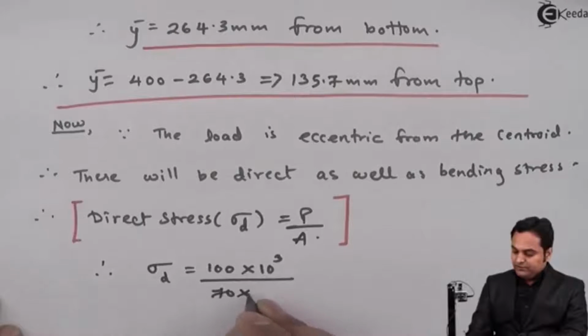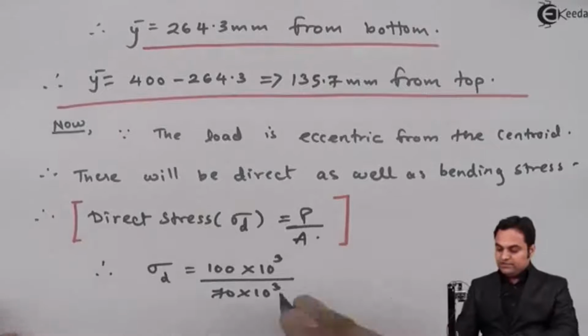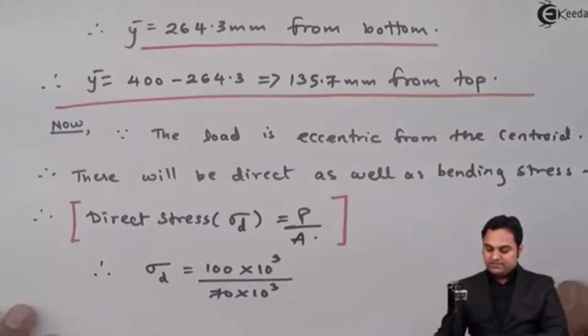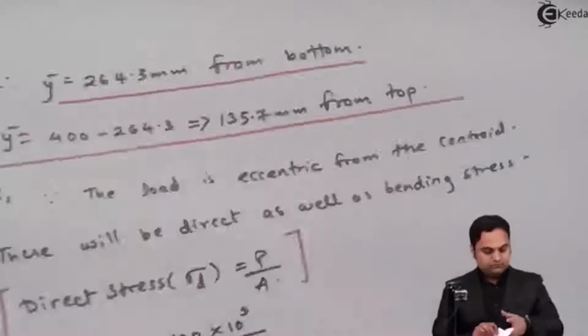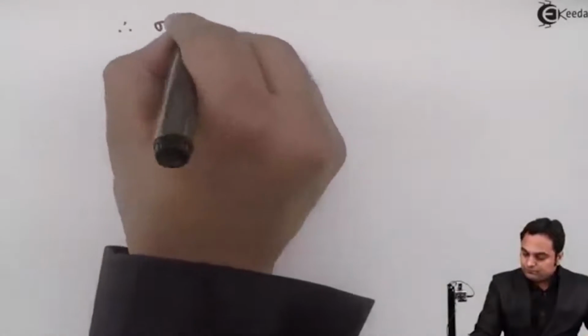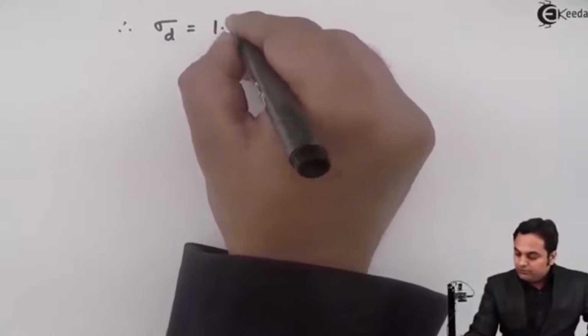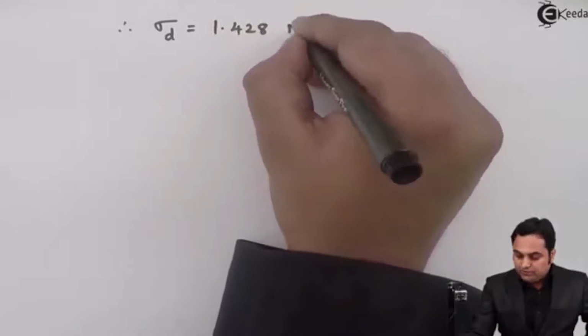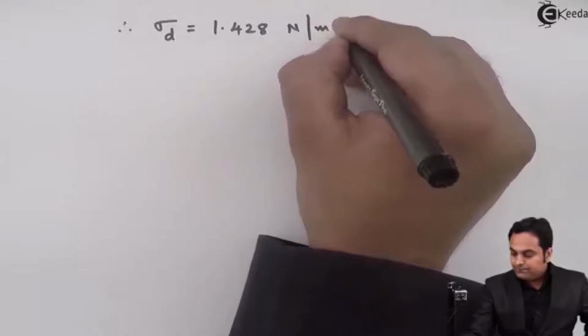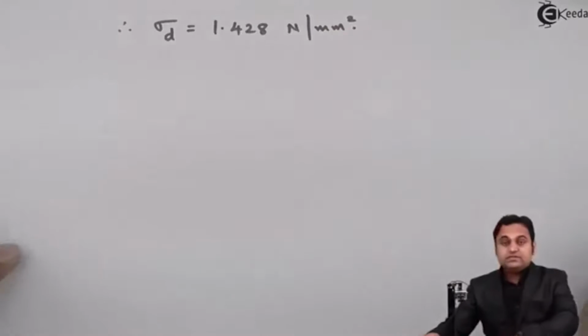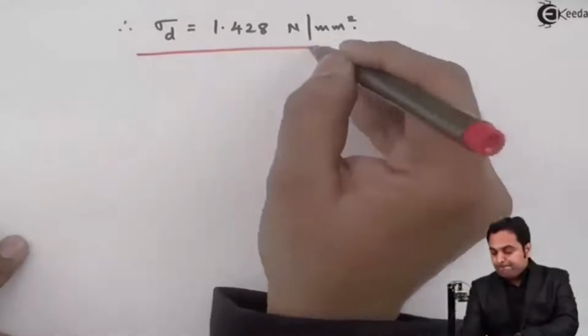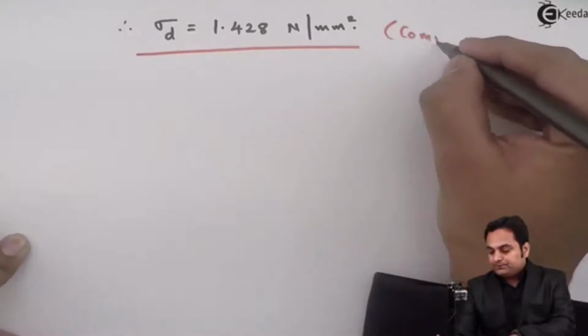Total area is 70 into 10 raised to 3. So from this I'll get the direct stress as 1.428 Newton per mm square, and this direct stress is of compressive nature.